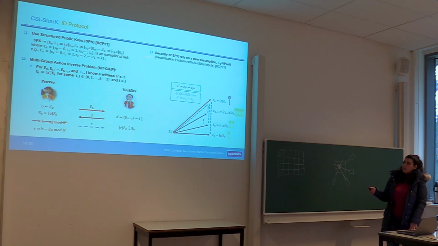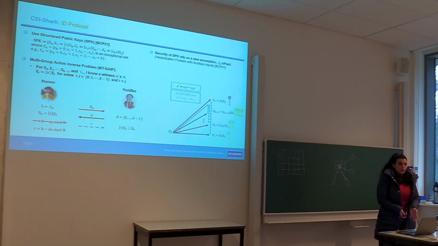In the paper that I mentioned, their aim was to get a new ID protocol, and they wanted to achieve more. In C-FiSh, they can extract the differences between two curves, but they wanted to basically extract the witness.